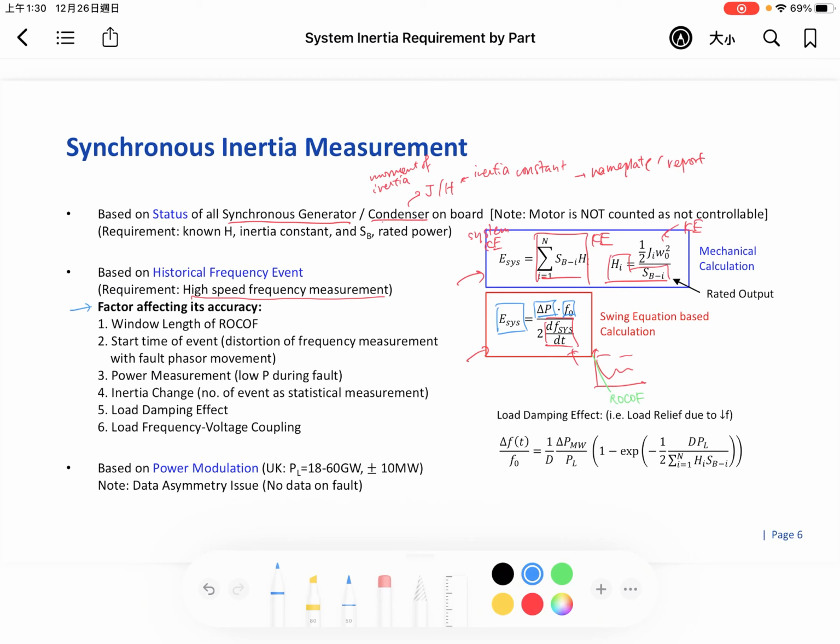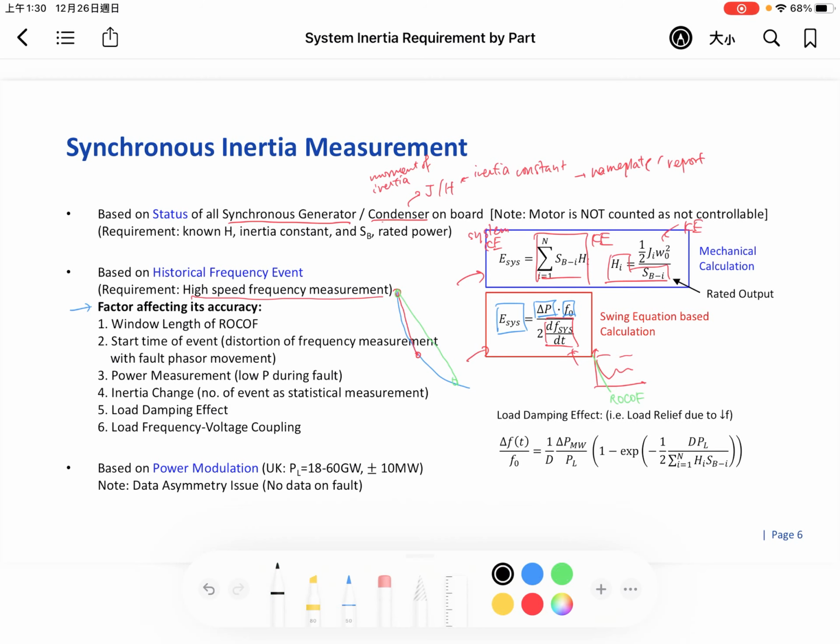What do we mean by window length? Just imagine we measure the RoCoF of this curve. You can take a sample of these two. You can take a sample of these two.